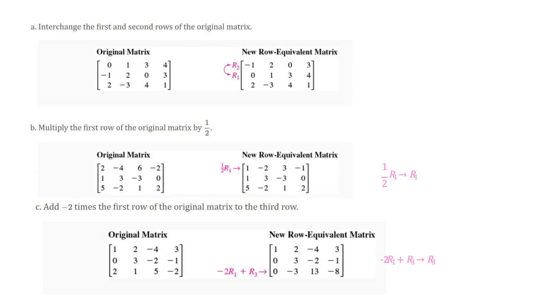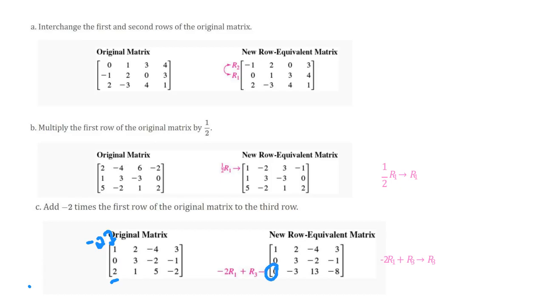Okay, so it says to multiply -2 times row 1. So -2 times row 1 is -2. And then it says to add it to the third row. So -2 times 1 is -2, plus the 2 is going to give us the 0.